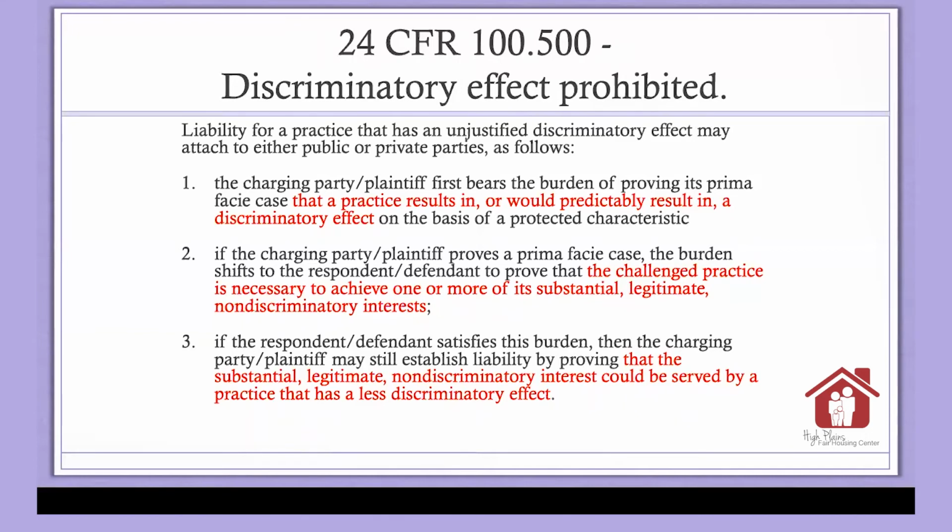So this section defines liability for a practice that has an unjustified discriminatory effect that can attach to either public or private parties as follows. And then it outlines and interprets the law in ways similar to what we've already been talking about, but it's right there in the Code of Federal Regulations for us.